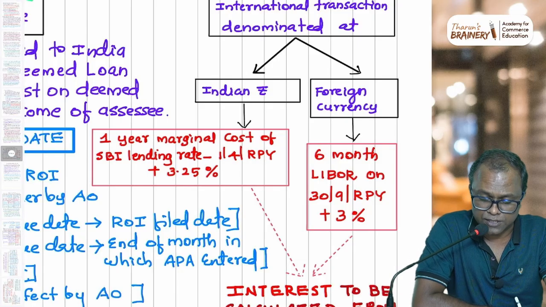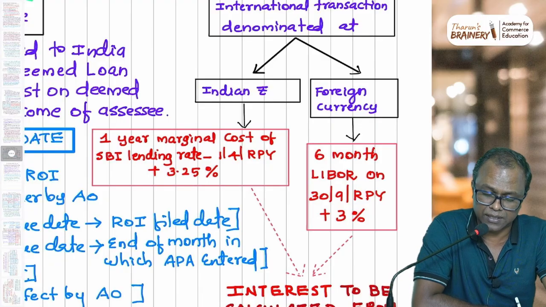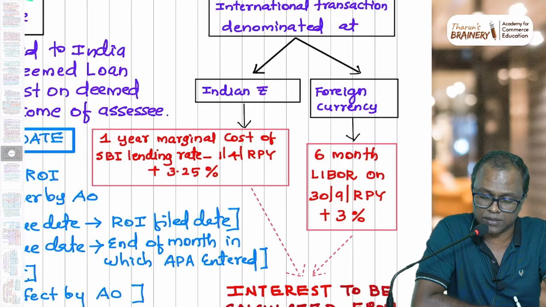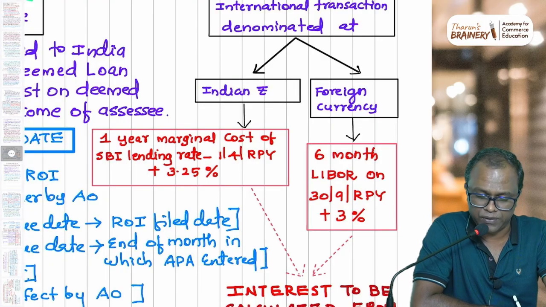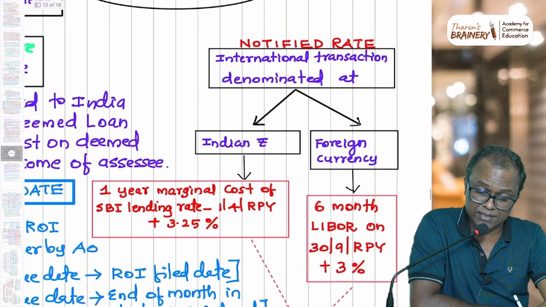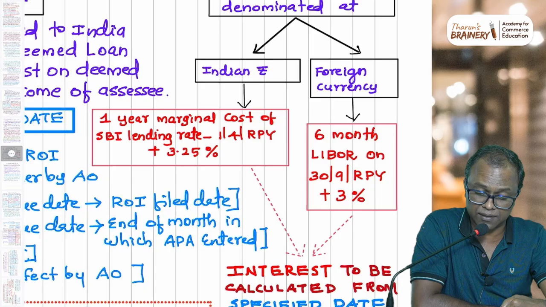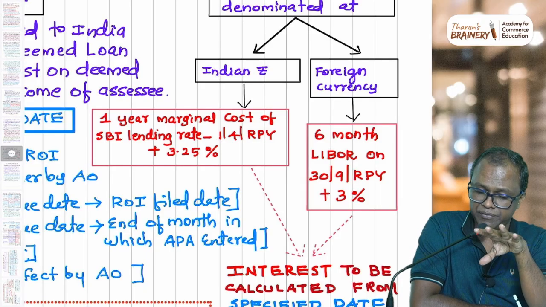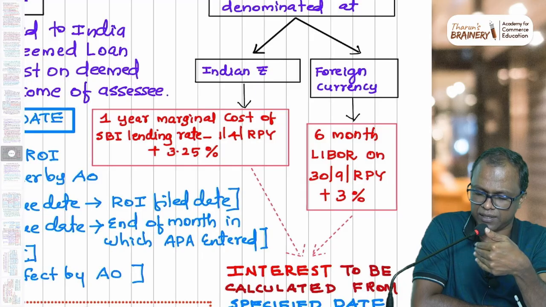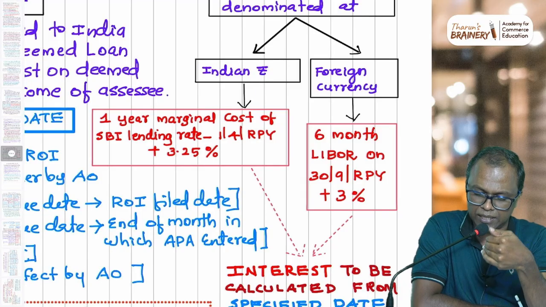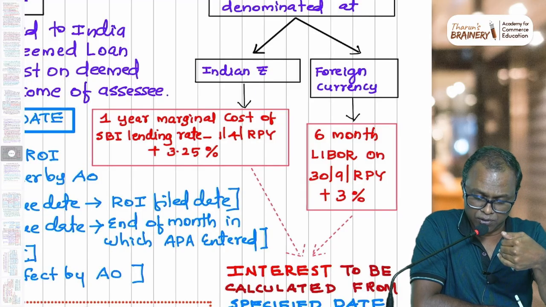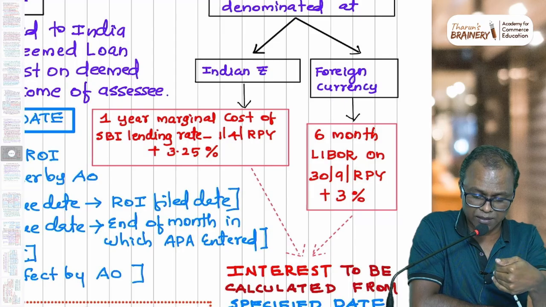So if the SBI lending rate is 9, then 9 plus 3.25, that is 12.25, will be the rate. So if the international transaction is denominated in Indian rupees, we should take the SBI lending rate as on 1st April of the relevant previous year. Remember, relevant previous year means the previous year for which we are calculating the interest. On that previous year's 1st April, take the 1 year marginal cost of SBI lending plus 3.25.